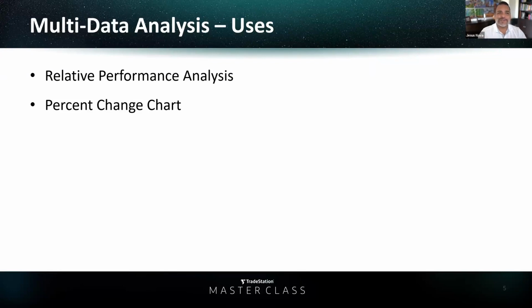If you want to go back to when the pandemic started, COVID in March of 2020, and you want to do some sort of performance analysis on airlines and how they reacted to the pandemic and how they were affected, that's the sort of analysis you can do with multi-data analysis. You can do some correlation. We'll take a look at a built-in correlation indicator that's inside of TradeStation.